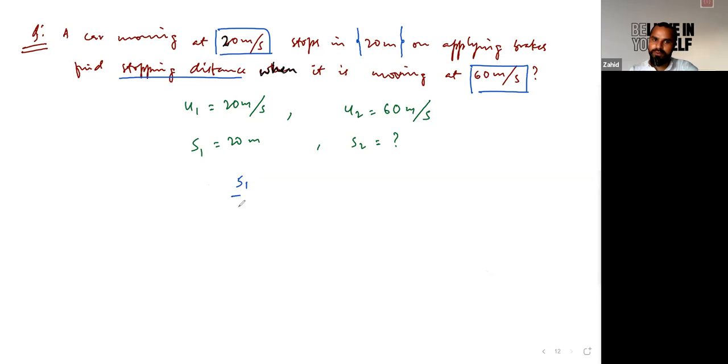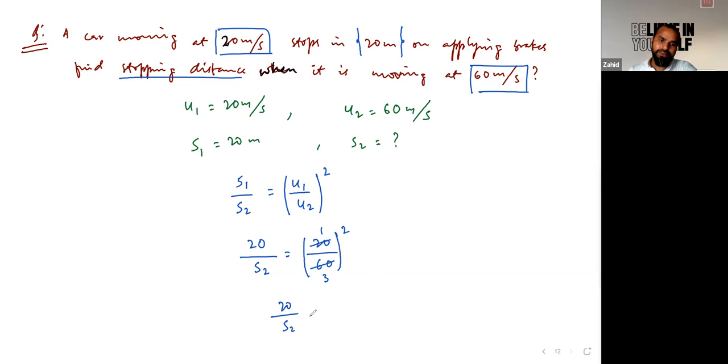We have S1 over S2 equals u1 over u2 whole squared. S1 is just 20. S2 we have to calculate. u1 is 20 and u2 is 60, squared. So 20 over 60 is 1 over 3, and the square of this will be 1 over 9. So 20 over S2 equals 1 over 9.